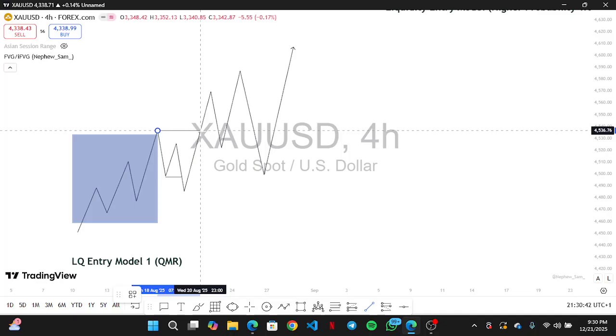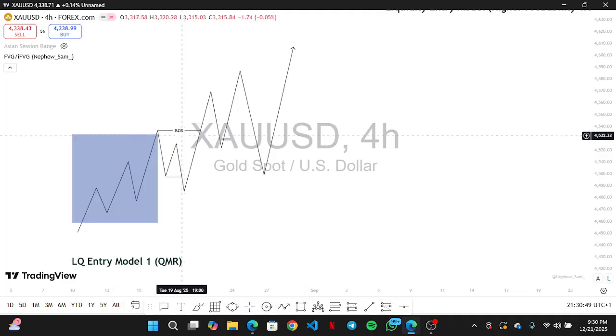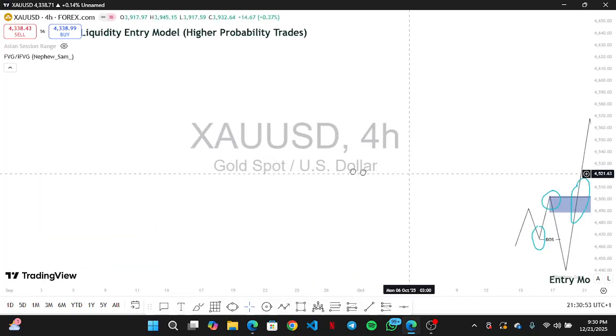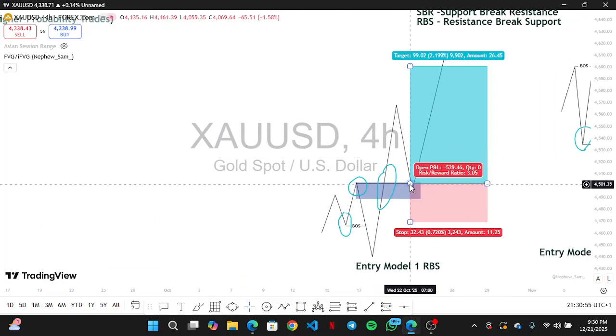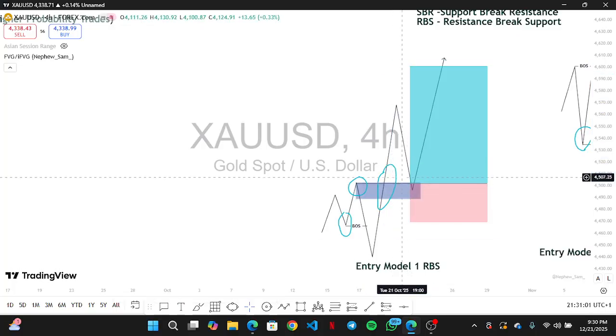A break of structure, I believe everyone here already knows the basics of trading, is when price breaks a previous high. So in this case, this here is a break of structure. You need to understand that.